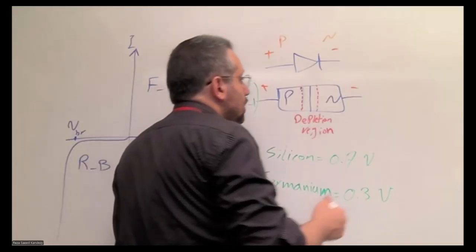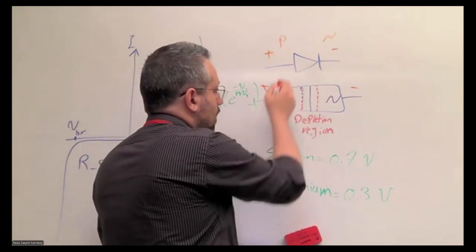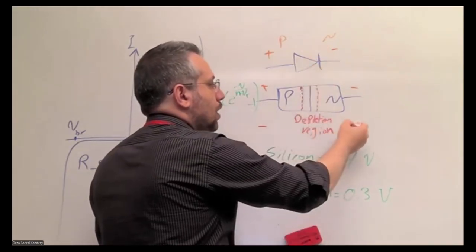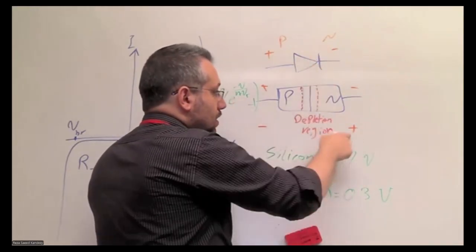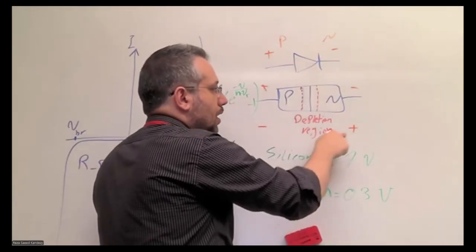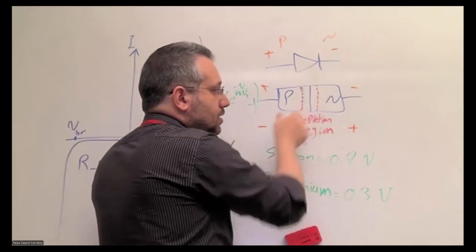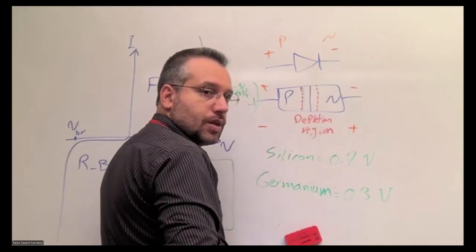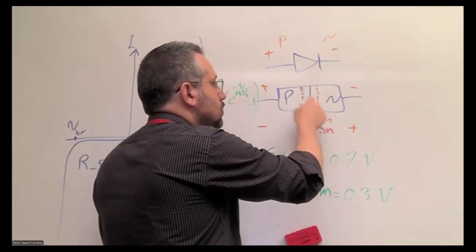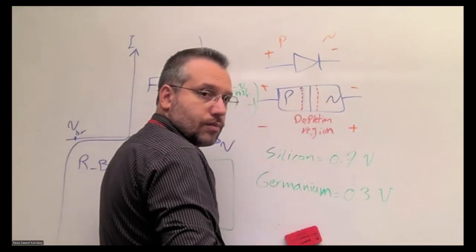Now, in reverse bias, where we connect the anode to the lower potential and the cathode to the higher potential, this reverse direction of electrical field would actually increase the width of the depletion region. So it makes it harder and harder for charges to go from the N semiconductor to the P semiconductor.